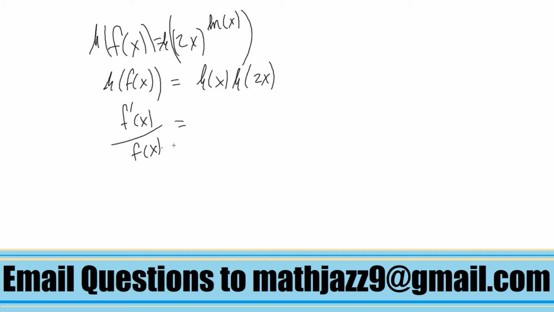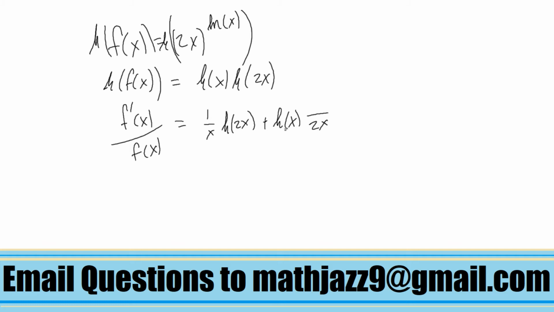So we get f prime of x over f of x on that side. Here we have a product, so we take the derivative of the first function times the second plus the first function times the derivative of the second, which is going to be natural log of 2x.